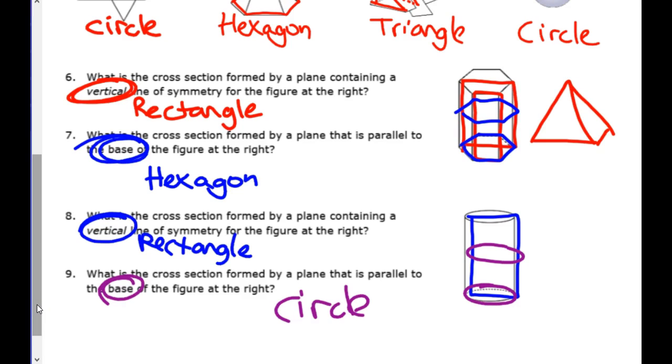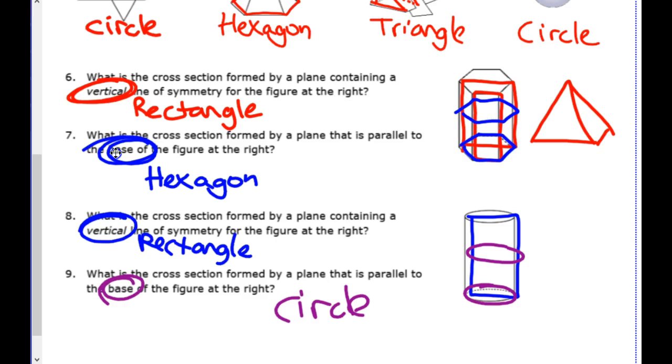If you cut it vertically, you got to look at the shape you see vertically. So right here on number 6, didn't we see a rectangle straight up and down here in red? So guess what? We get a rectangle when we cut it vertically. Parallel to the base, so if my keyword is base, that means I just look at the base, and my blue base over here is a hexagon, right?